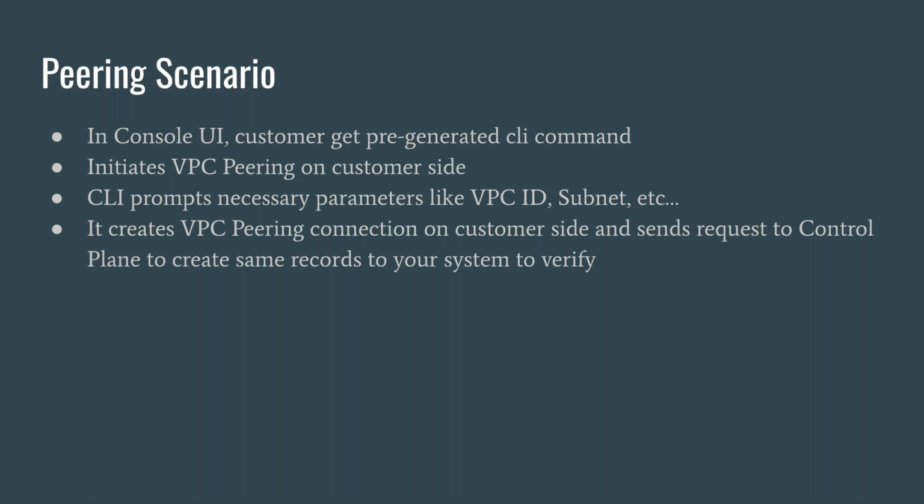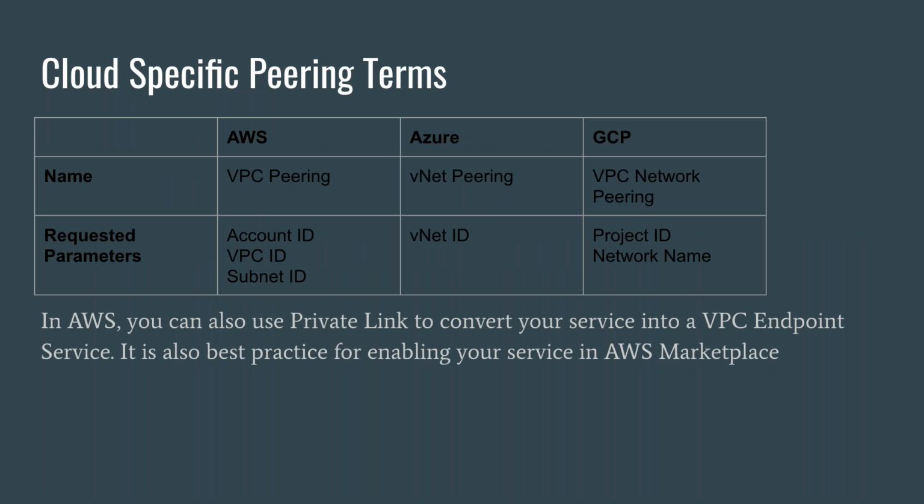So it sends a request to the control plane, and the control plane already knows that, because most probably you are providing at least the cluster ID, right? So your system knows that, okay, there is a VPC peering initiation, let me try to complete it. When you do that, there will be an active connection between the customer company account's workload and your actual in-memory technology.